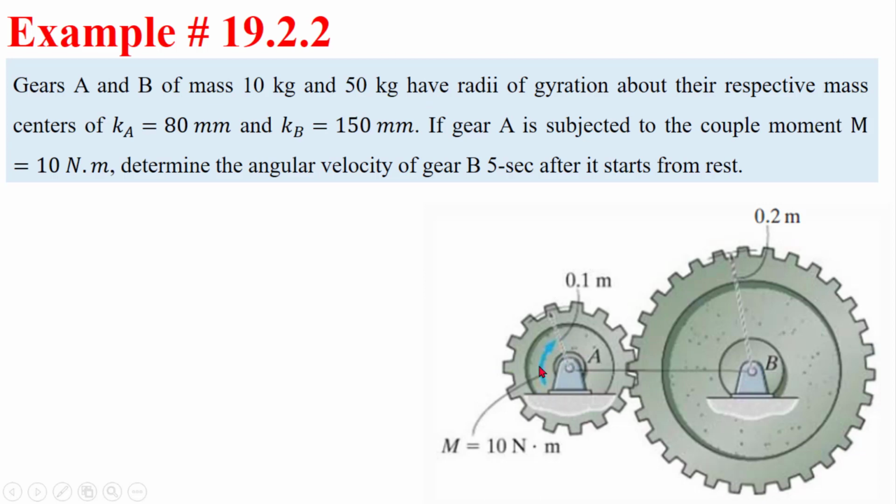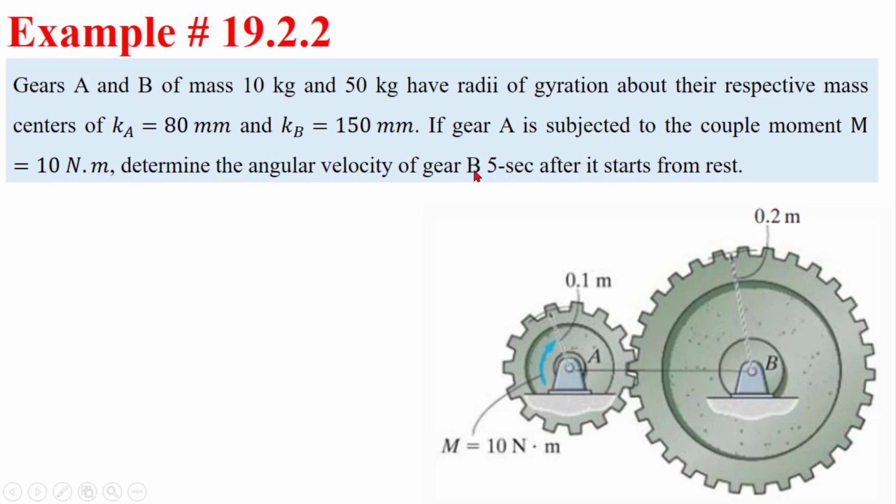Gear A has a mass of 10 and gear B has a mass of 50. They have radii of gyration about their respective mass centers. So the radius of gyration about center A is equal to 80 millimeter and the radius of gyration for gear B is 150 millimeter.